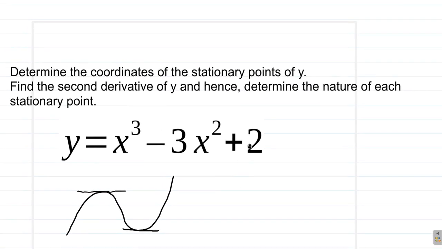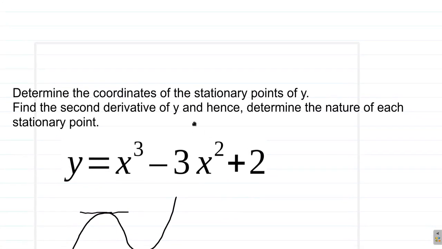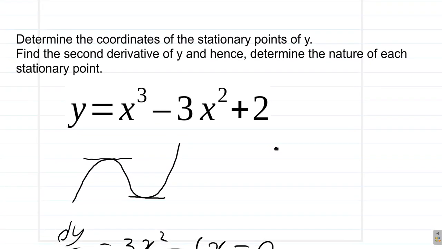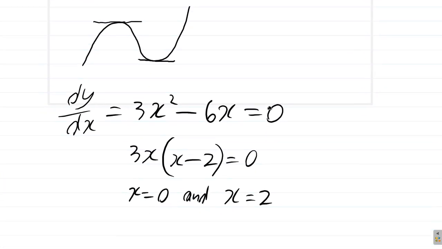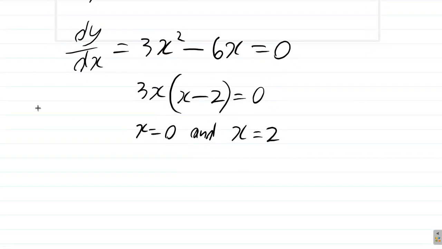Now, here you're asked to determine the nature of each stationary point from the second derivative. What you're going to do is find d squared y by dx squared. So you differentiate again.